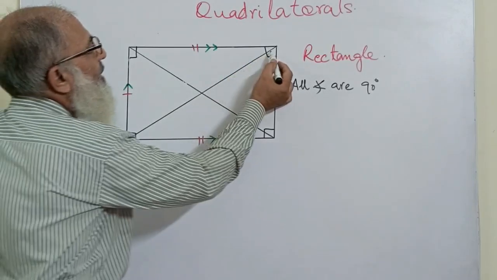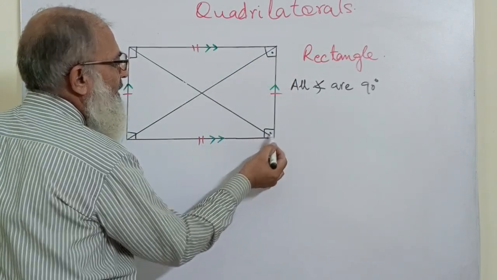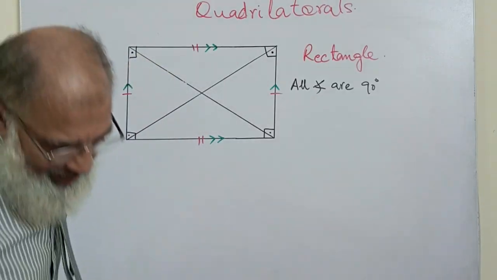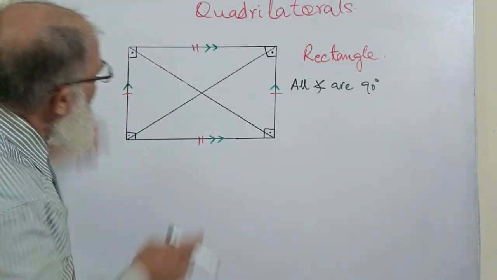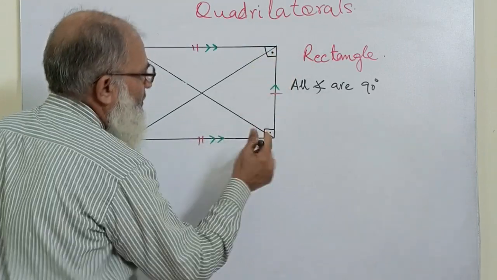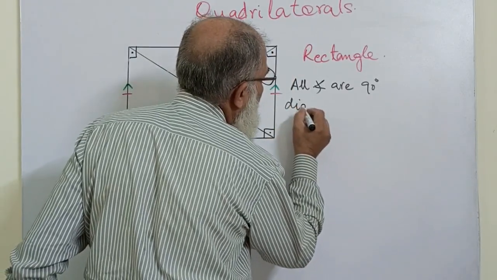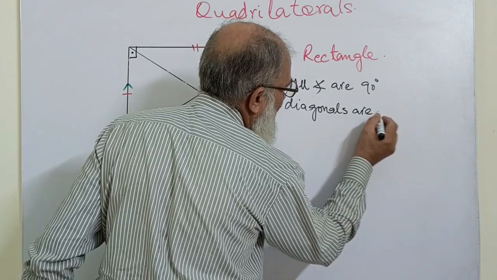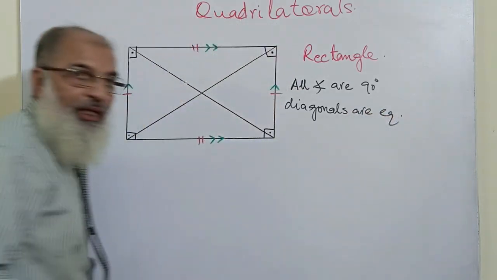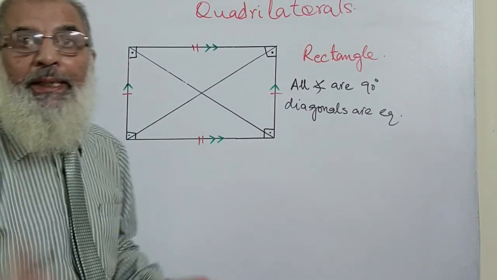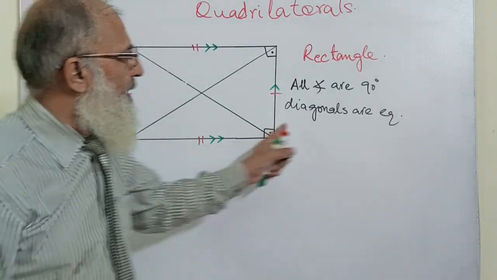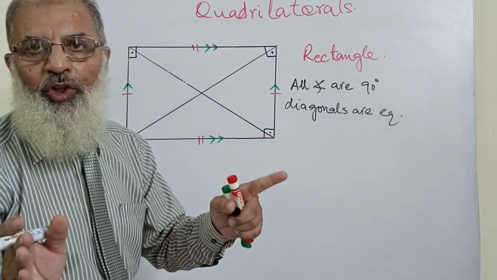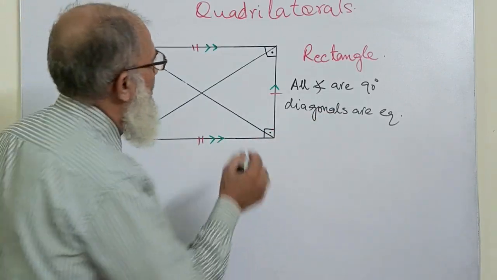Now this is the first property. When this sign appears, that means these are 90 degrees. Diagonals are equal. In the typical parallelogram, the diagonals were not equal because one was shorter and one was longer.